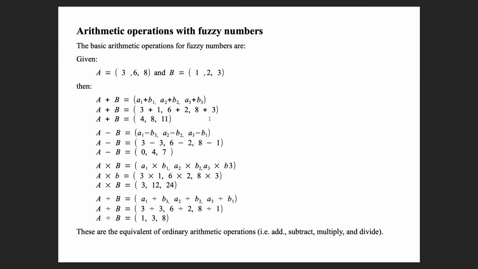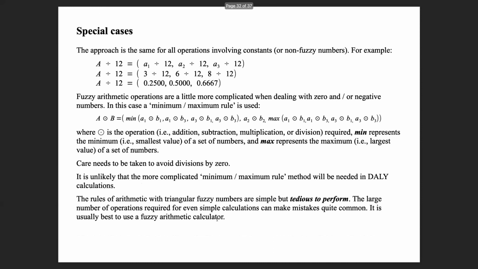And these operations are the equivalent of the ordinary arithmetic operations of addition, subtraction, multiplication, division, except we're applying them to fuzzy numbers. And the answer we get at the end of applying these to fuzzy numbers is a fuzzy number.